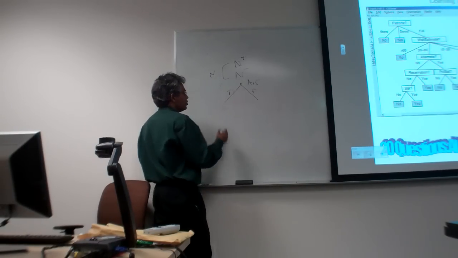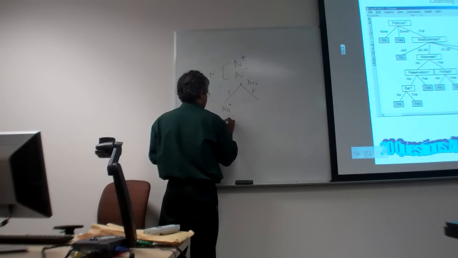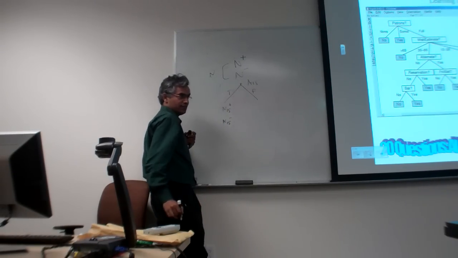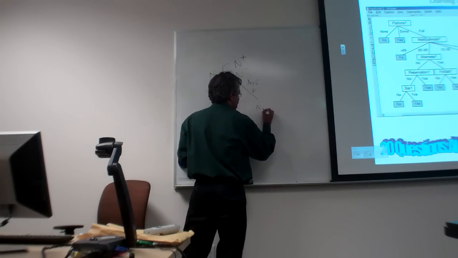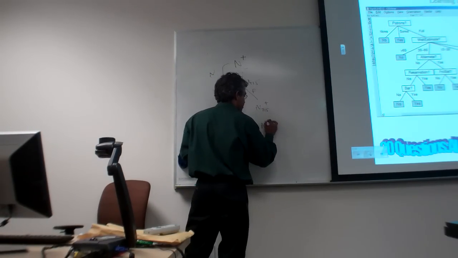Do you see what I'm saying? So then this would be n15 plus, n15 minus, and n not 15 plus, n not 15 minus.